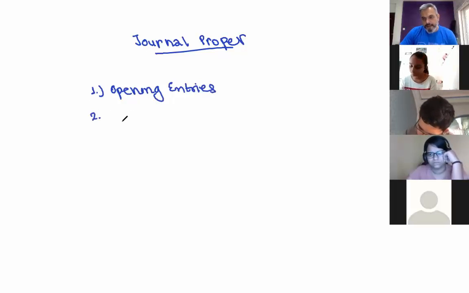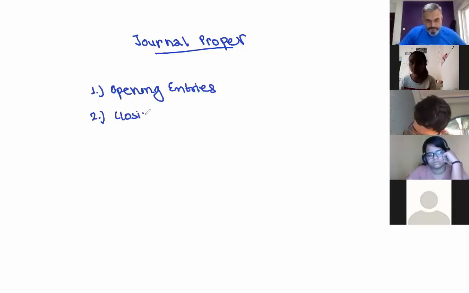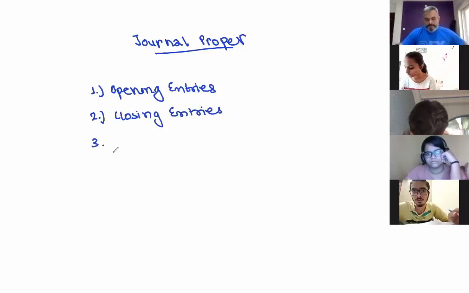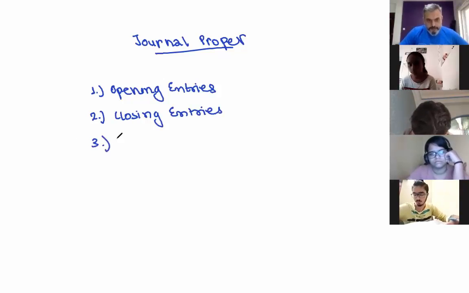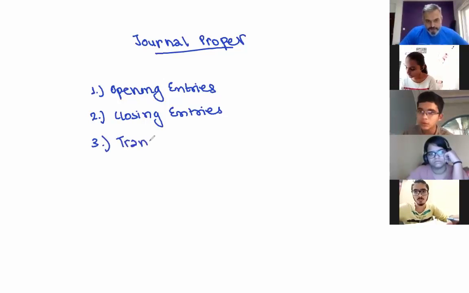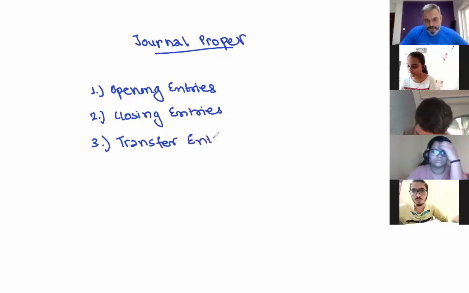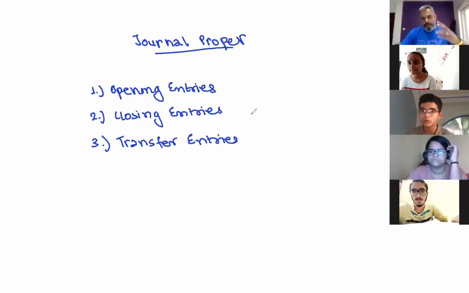As you know, opening entries, then next will come closing entries. Then transfer entries. Now what are transfer entries? Transfer entries are, drawings is basically reduction of capital. So whatever amount of drawings is there, we transfer it to our capital account.